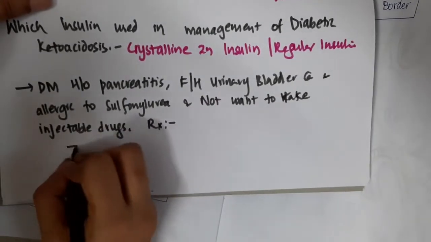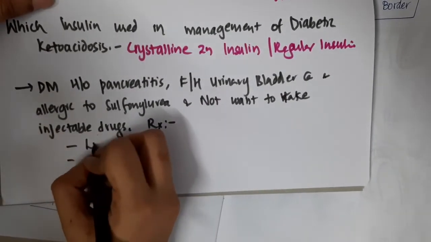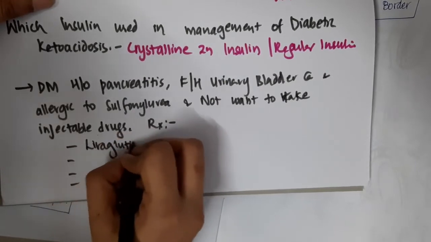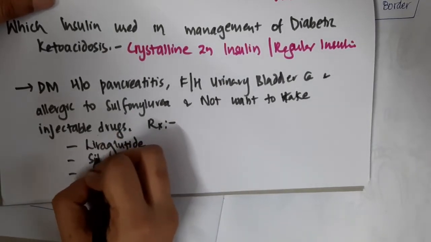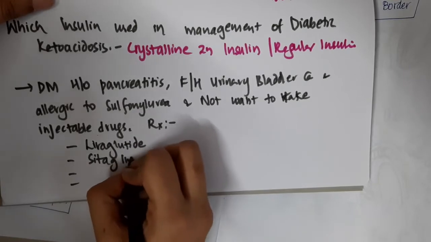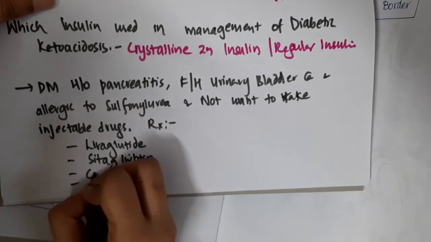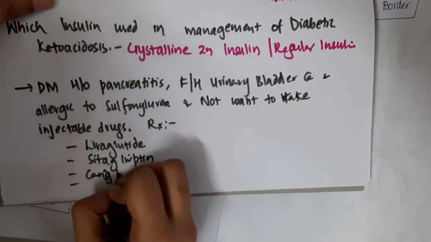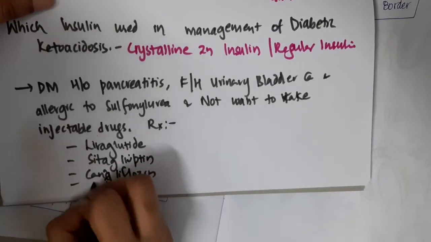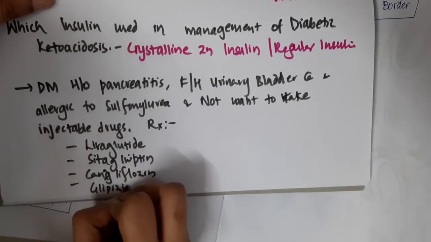Okay, there are 4 options which were given. One, liraglutide, then sitagliptin, then canagliflozin, then glipizide.